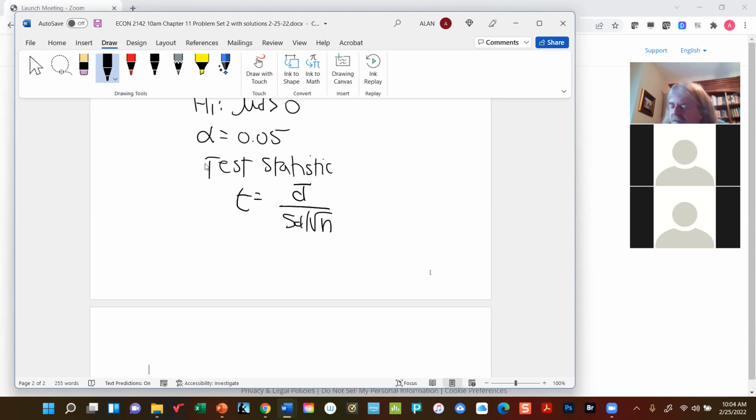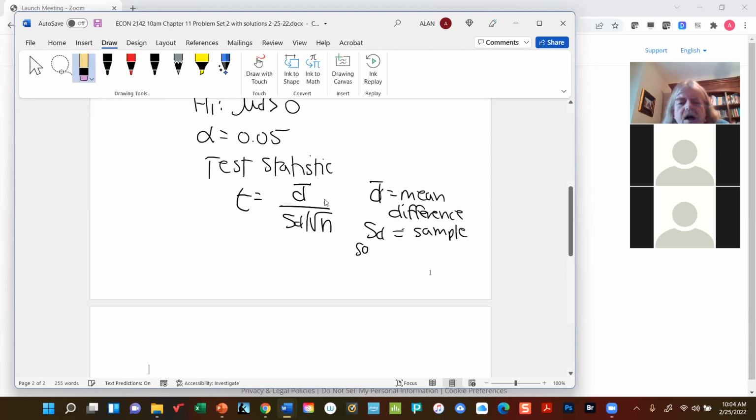Now, there is a formula for calculating d bar and s_d, where d bar, by the way, is the mean difference, and s_d is the standard deviation of the differences, specifically the sample standard deviation of the differences. We can do this ourselves, but there's a trick that will avoid the need for this. What is that trick again?